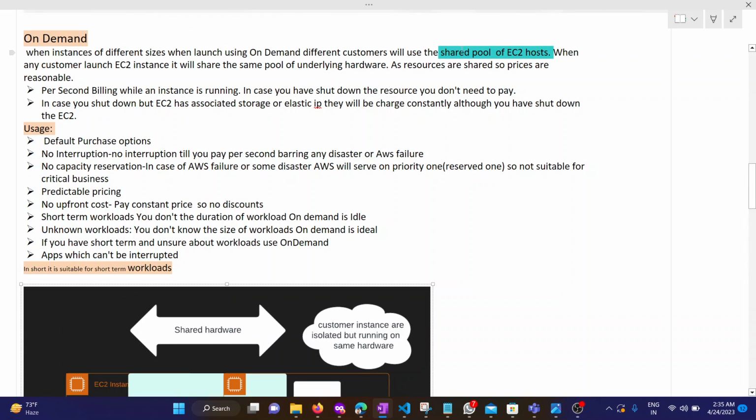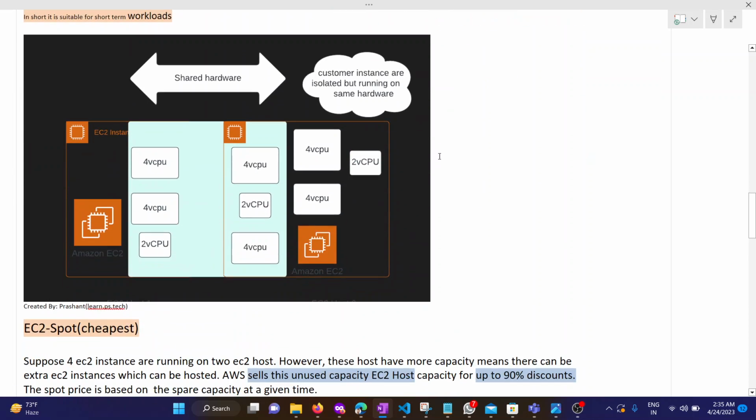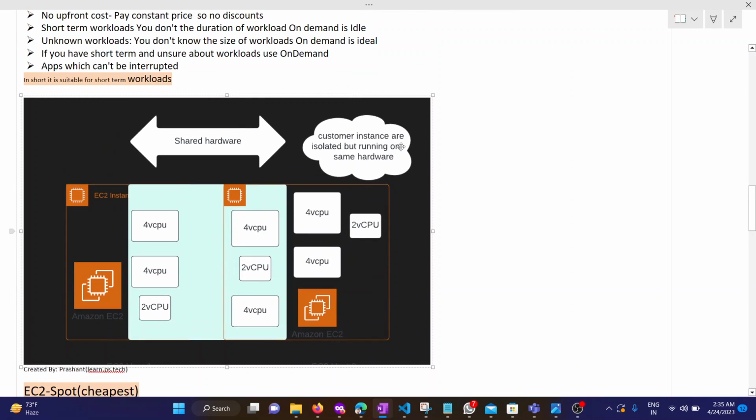Different customers will use a shared pool of EC2 hosts. Customer instances are isolated but running on the same hardware. These are the two hosts, first and second, and the highlighted portion is the shared hardware. So these EC2 instances are running on the same hardware.